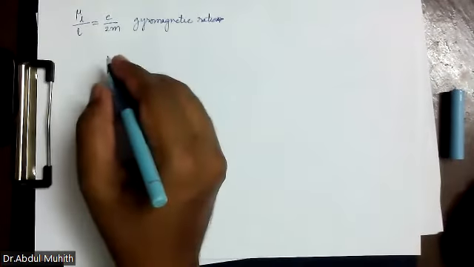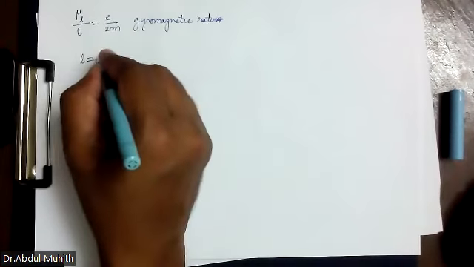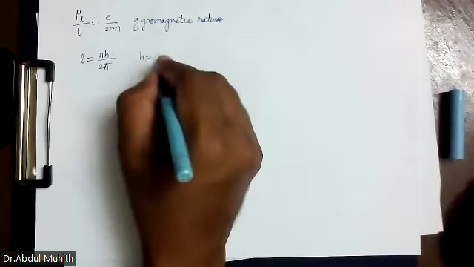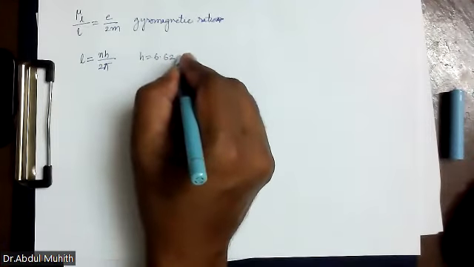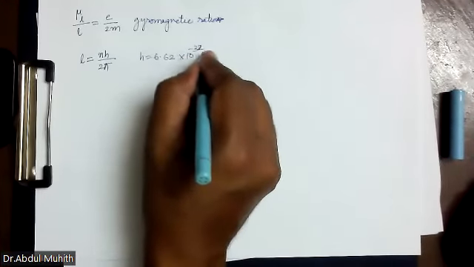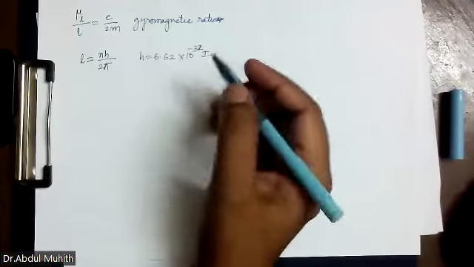This particular concept is known as the gyromagnetic ratio. So here we also have the formula L is equal to nh by 2 pi, which is the angular momentum. Here h is Planck's constant, 6.62 into 10 to the power of minus 34 joule second. We are going to substitute this value.